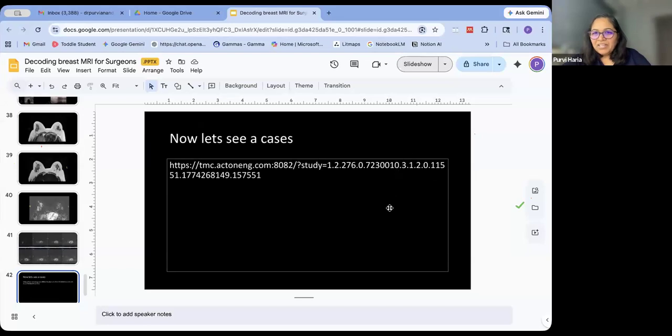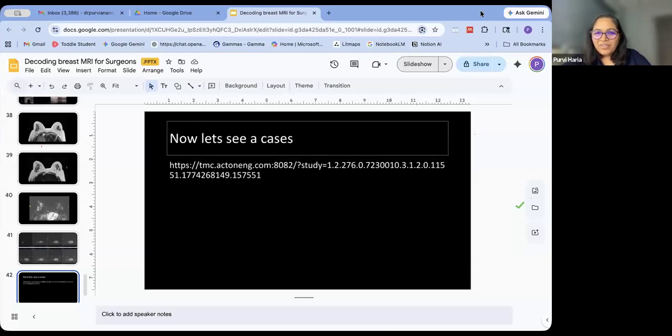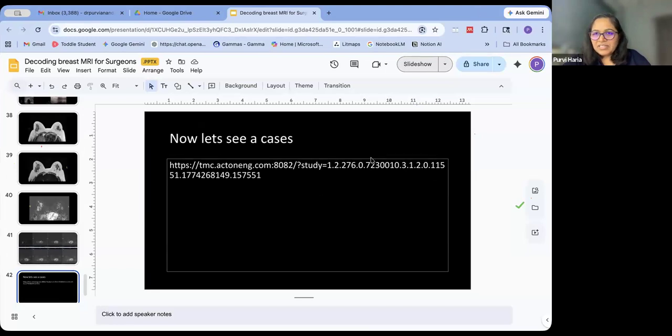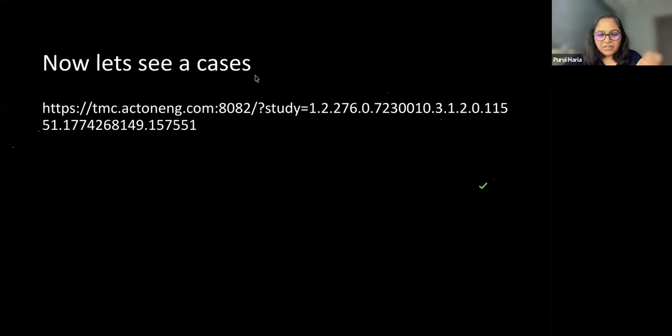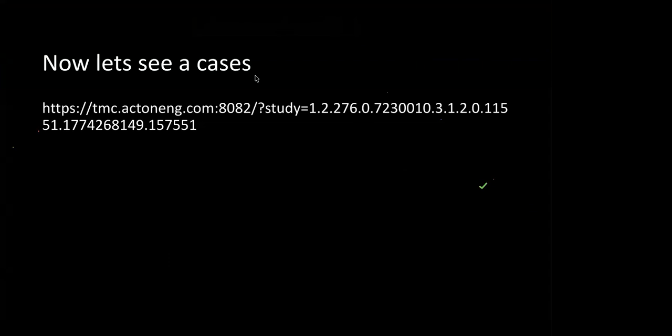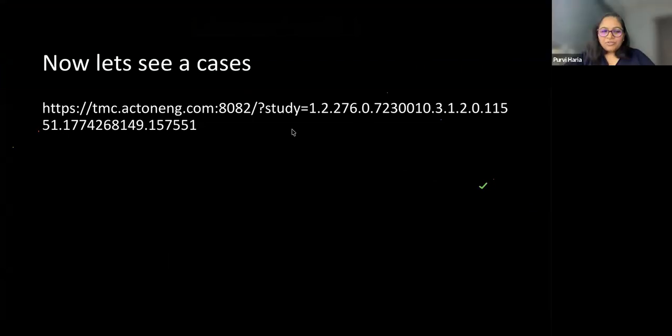If I can share the link of that, and if you want, we can see that yourself, or else I can open it here as well. However you think, Purvi, if you can open it here and we can go through them with you. Sure.